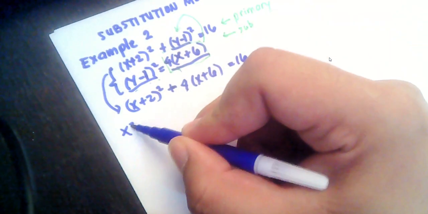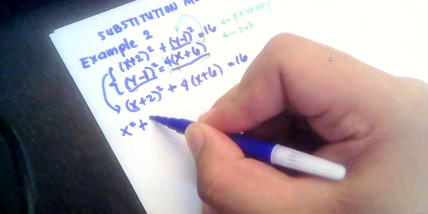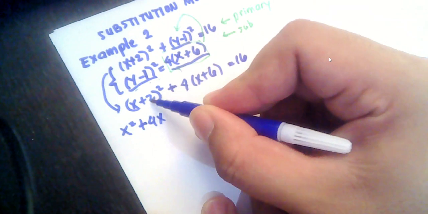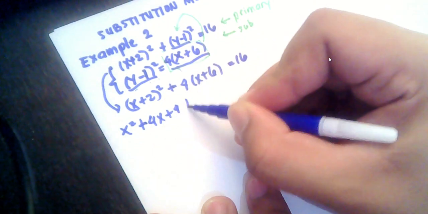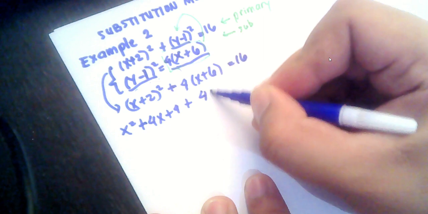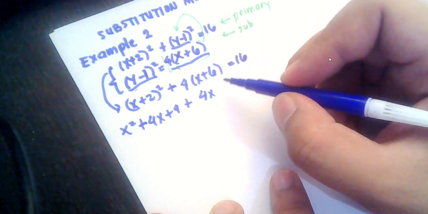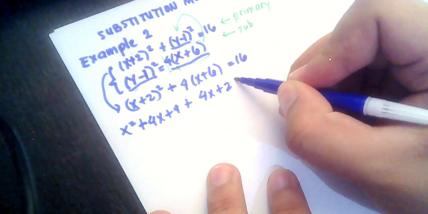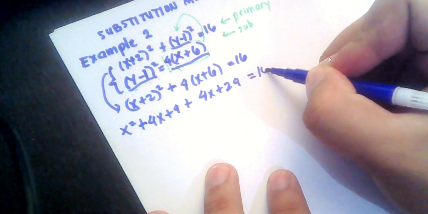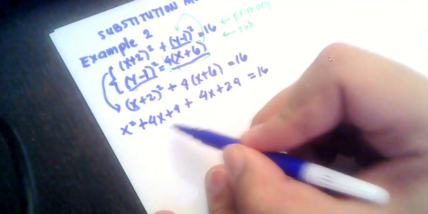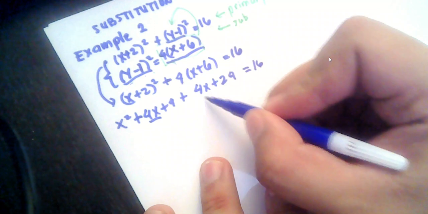x times x, x squared, 2 plus 2, 4x, 2 times 2, 4, plus 4 times x, that is 4x, 4 times 6, that is 24, equals 16. We combine like terms. You have 4x and 4x.